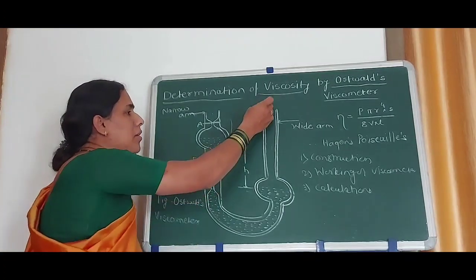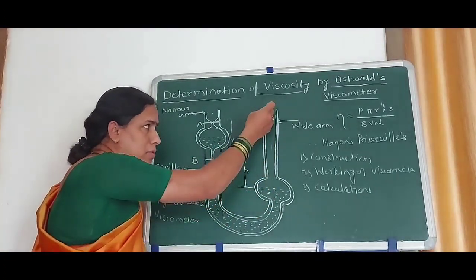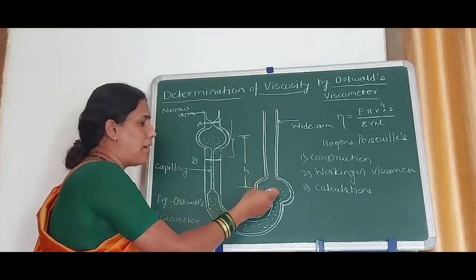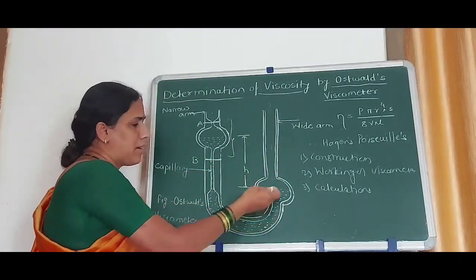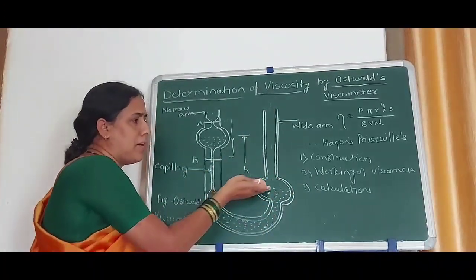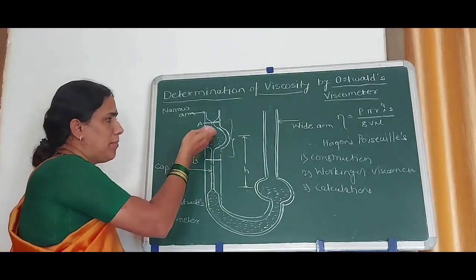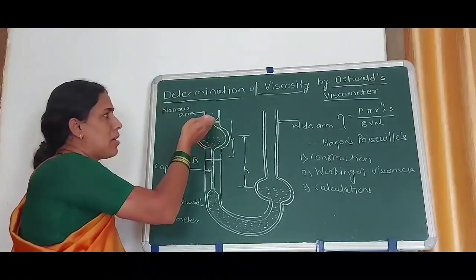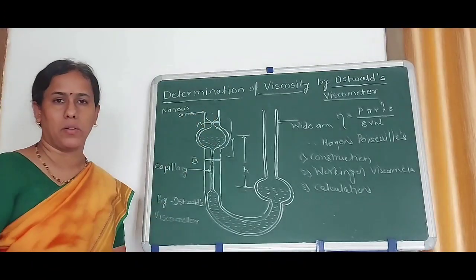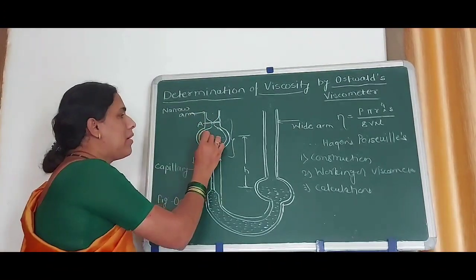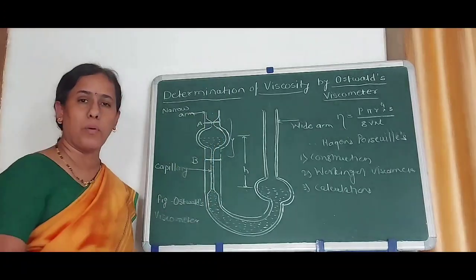After introducing a known quantity of liquid solution through this wide arm, care should be taken that half of the portion of the base bulb of the wide arm is filled with the solution, just above the A mark. Okay, the solution can be sucked by means of a rubber pipe.